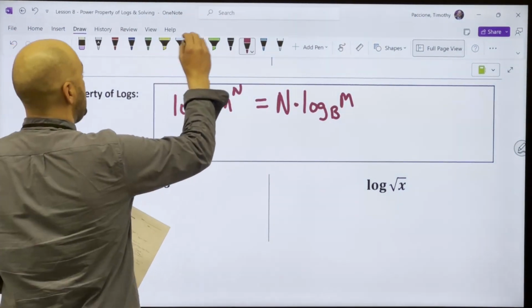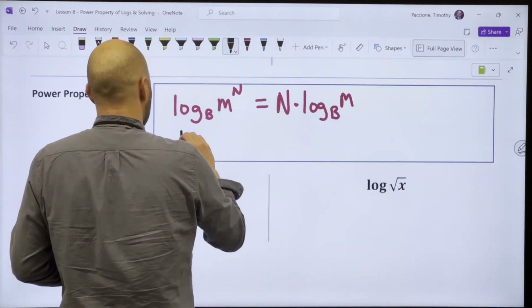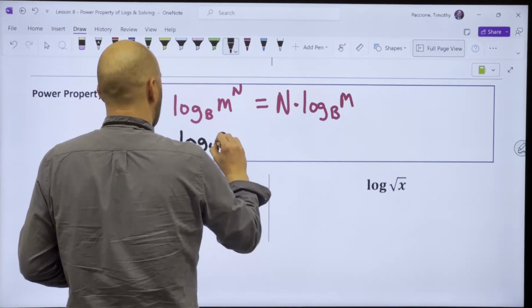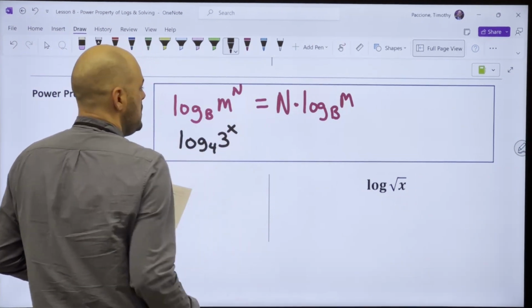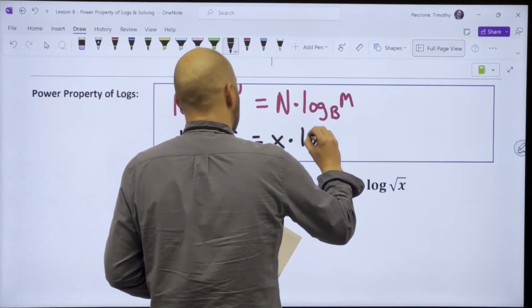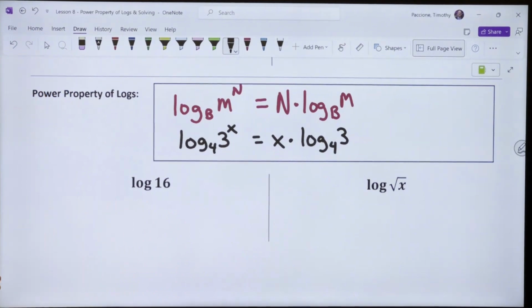Now, I know that we like real examples too, so I'll give you a real example. How about log of 4 and then 3 to the x? Well, that's the same as x times log base 4, 3. Okay?